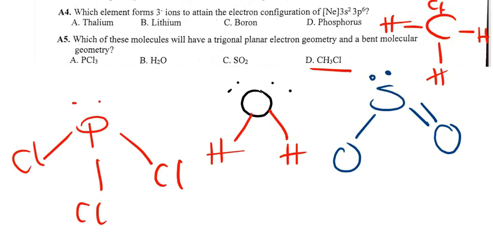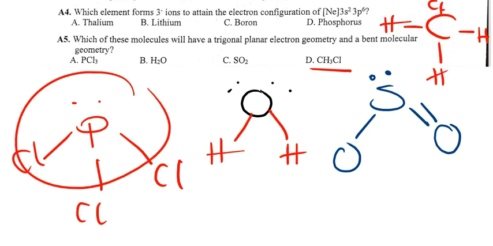Now if you start with the first one, which has 4 connections, what do you think is the electron geometry for such a structure with 4 connections in total? These are the ones that we call tetrahedral. Tetra from the word 4.